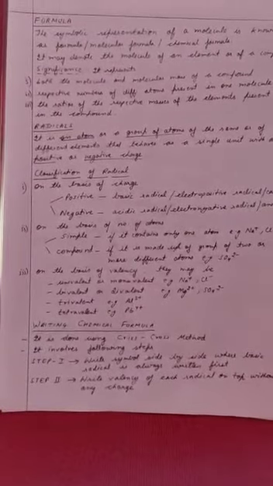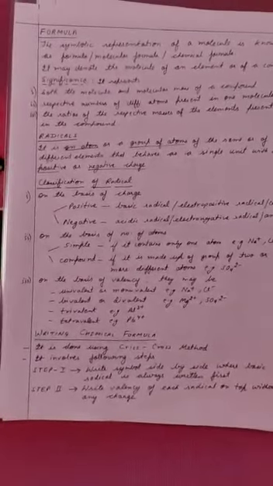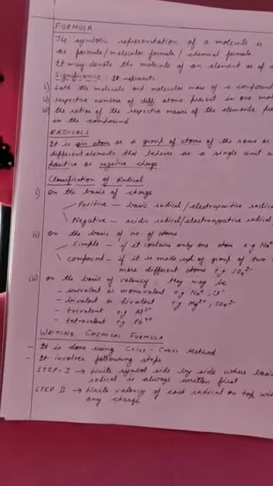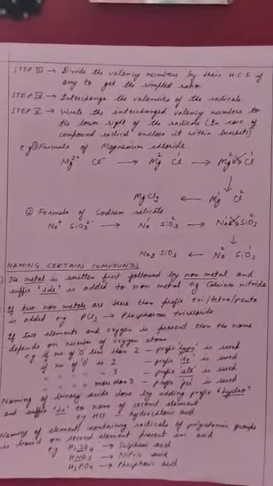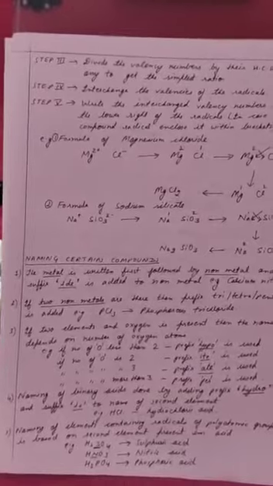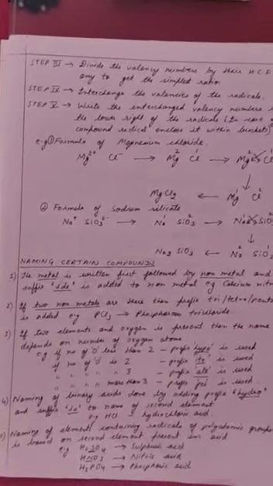Then step 2 involves writing the valency of each radical on top without any charge. That is, we have to write the valency but without any charge. Then step 3 involves dividing the valency numbers by their highest common factor, if any, to get the simplest ratio, that we will discuss later.